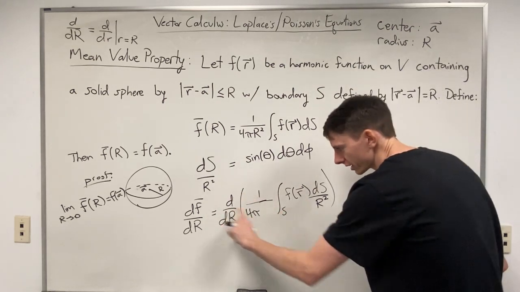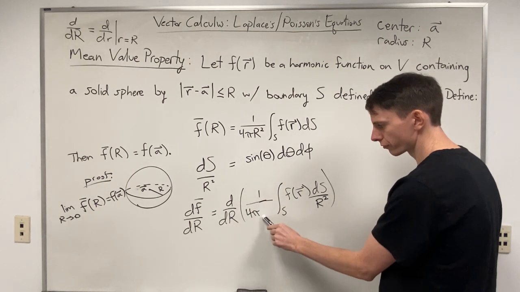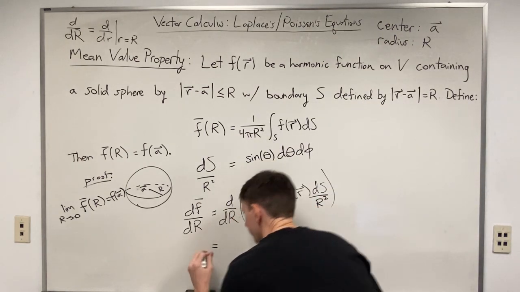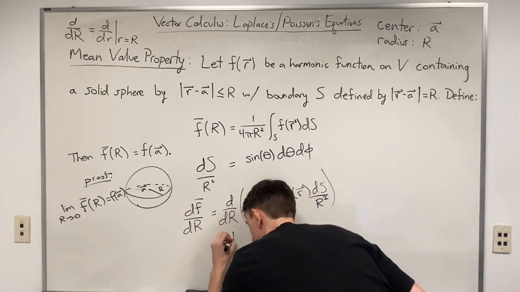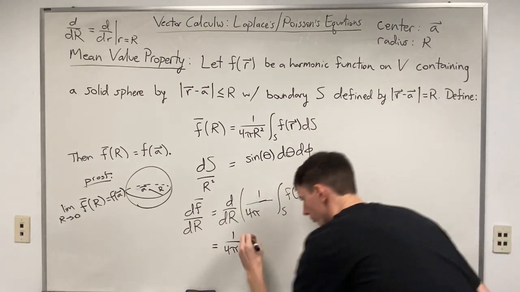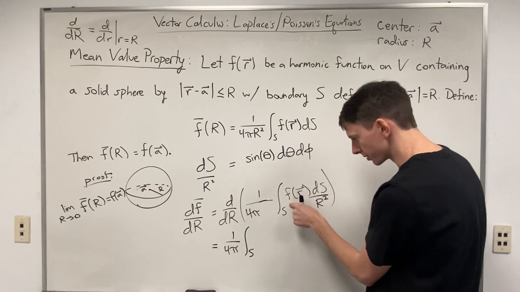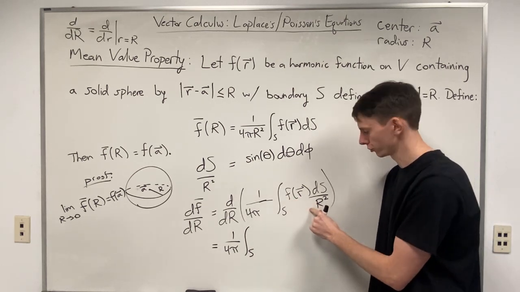So now looking at this derivative right here, we're taking the derivative of 1 over 4 pi. Well, that's a constant, so it can be brought out to the front. Then we have the integral over S. Then we're going to differentiate this product of two things within the integral.